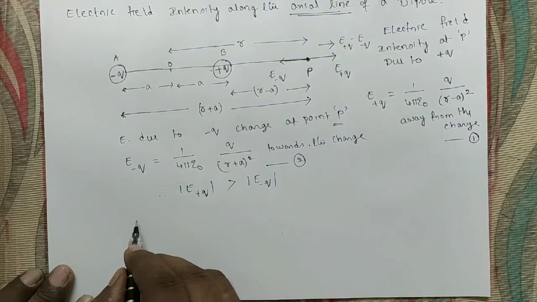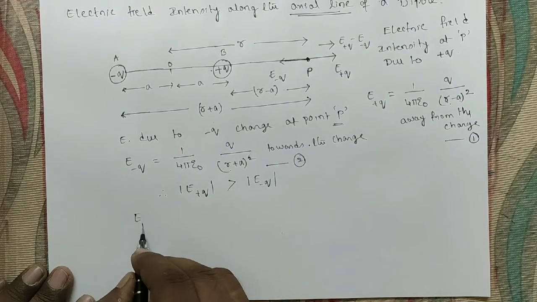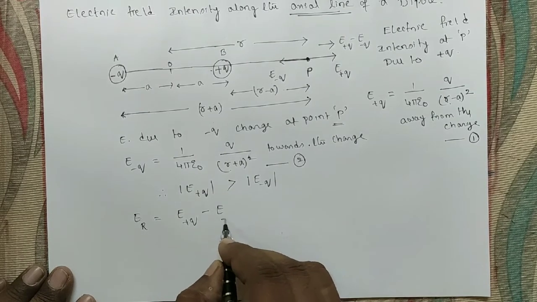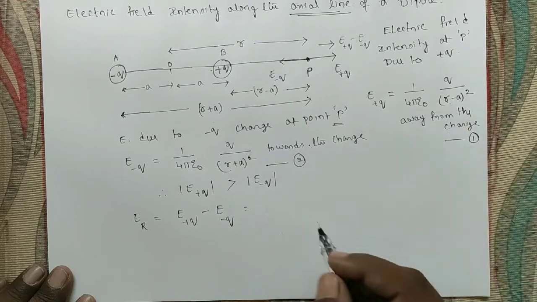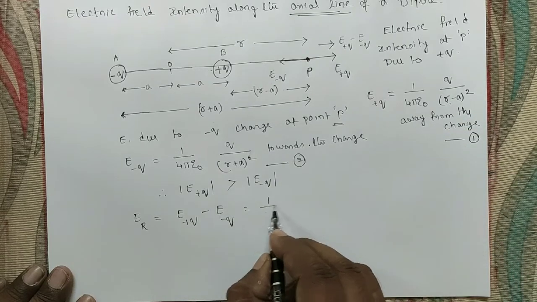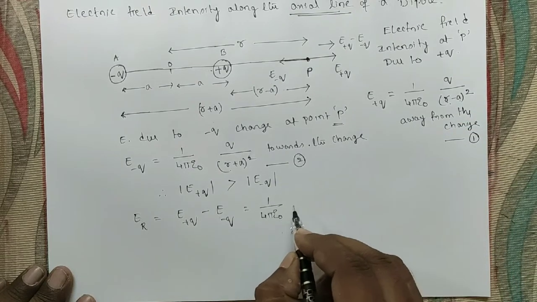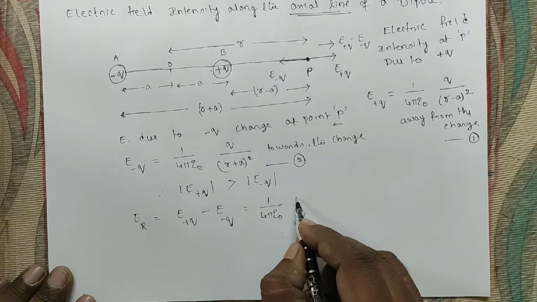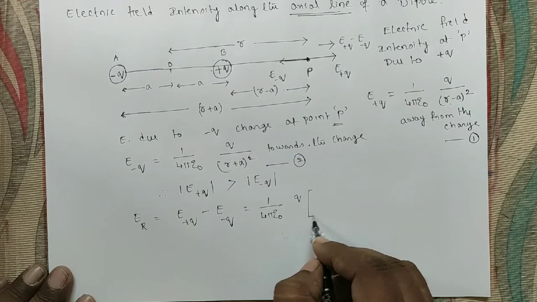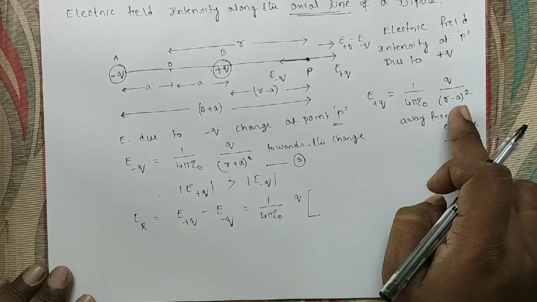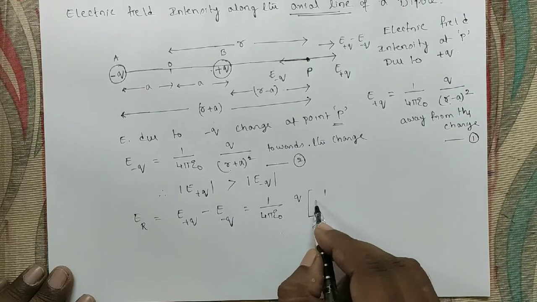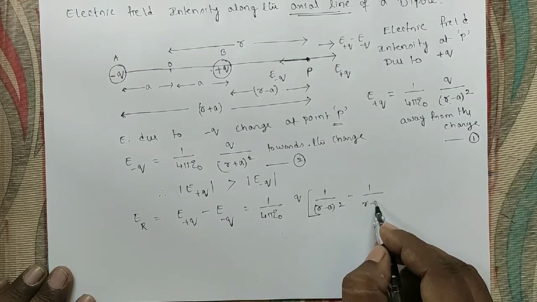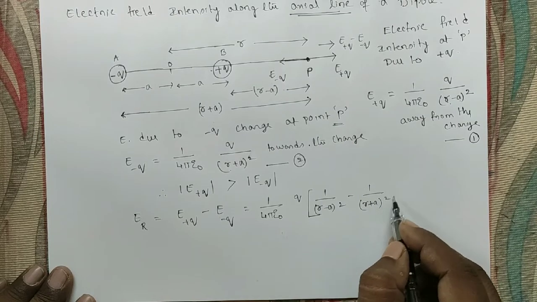Therefore the resultant electric field intensity at point P is E resultant equal to E plus Q minus E minus Q. Then if you substitute those expressions, 1 upon 4 pi epsilon naught is common, and Q I also took common. In the bracket, E plus Q means 1 by (R minus A) whole square, minus 1 by (R plus A) whole square.